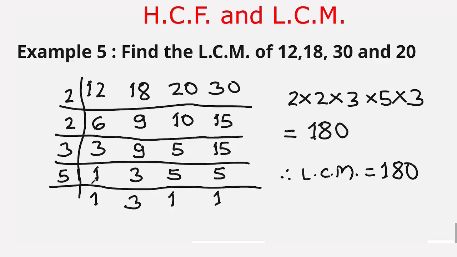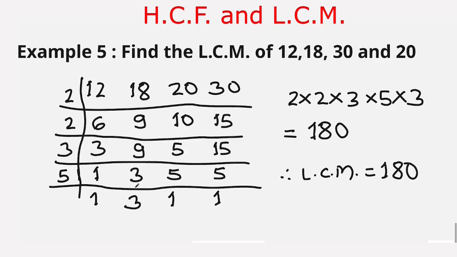Now there are no two numbers divisible by 3, but there are two numbers divisible by 5, so we divide by 5. We carry 1 as it is, 3 as it is, and 5 divides 5 for 1 time, and again 5 divides 5 for 1 time.